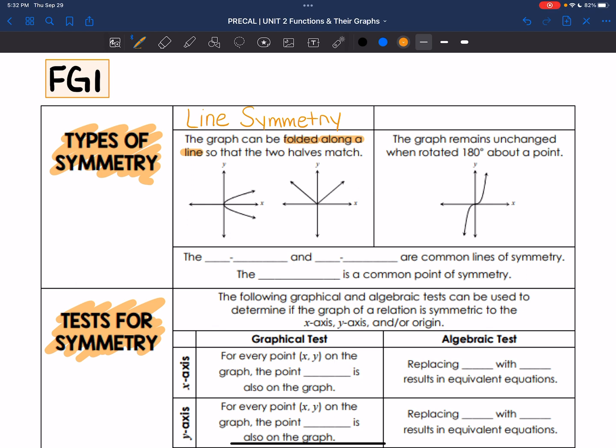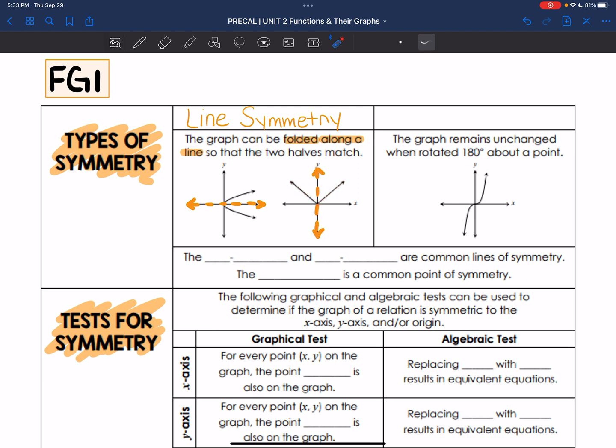So in this little picture, imagine our line going right down the x-axis. You see that folding line? On either side of that line, you have these little curves that are perfect mirror reflections. For that second function graph, the line that you would fold along would be your y-axis. And in folding along that line, you have those two little pieces that are perfect reflections of each other in this line.